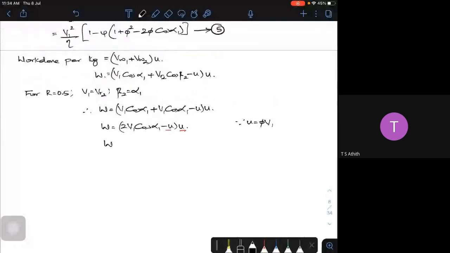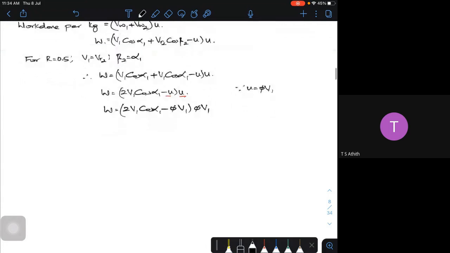Therefore, your W is equal to 2V1 cos alpha 1 minus phi V1 into phi V1. Now what will happen? This will be 2 into V1 square. So V1 square I can take it out. So this will be 2 phi cos alpha 1 minus phi square.